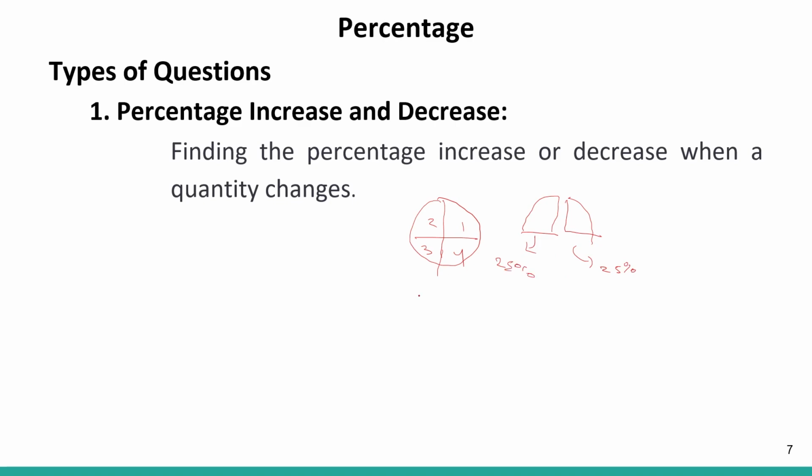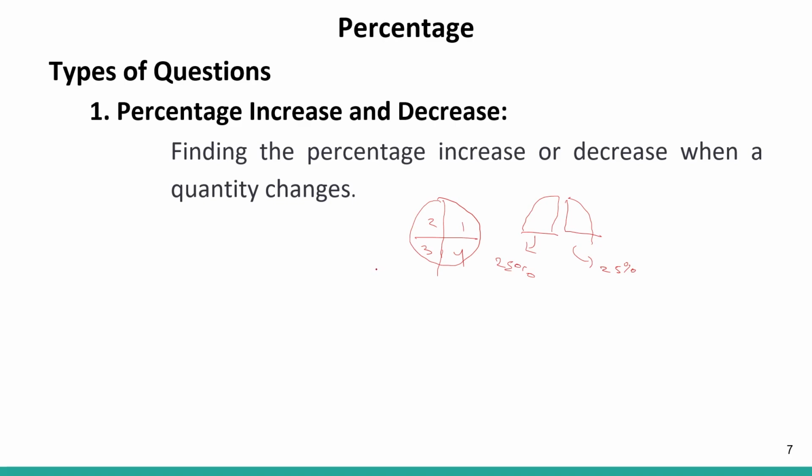Now how much pizza do you own? It will be 50%. So it was a percentage increase, but it can also decrease. If you have two slices right now, and then I took one, you are left with only one slice, that will be a percentage decrease.